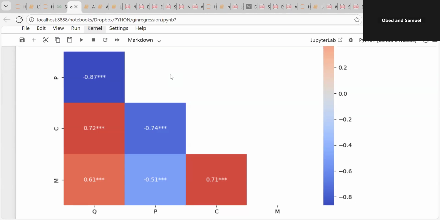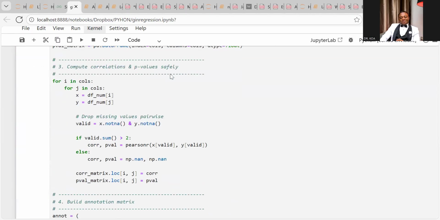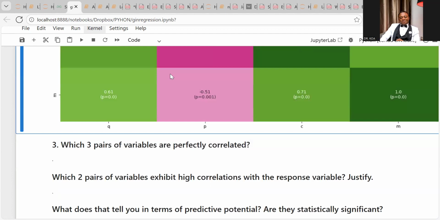Negative 0.74. Correct. I'm just showing you the marking scheme. If you had said that in an exam, you would have failed. So that's the first pair. And the next pair, you can detect as well.